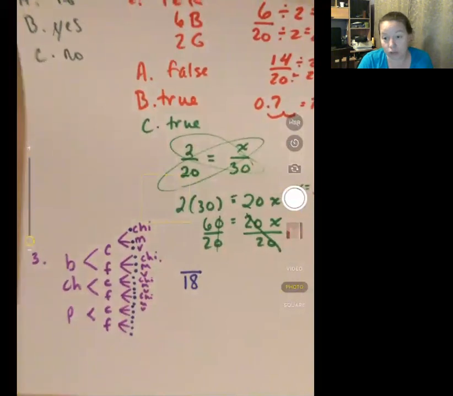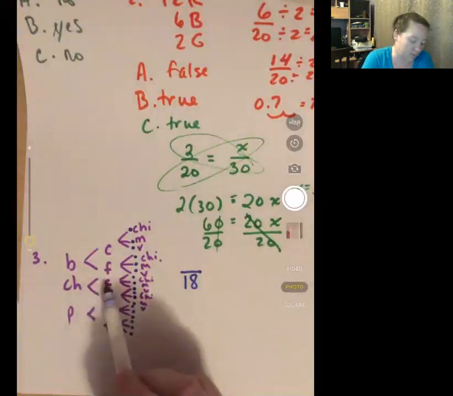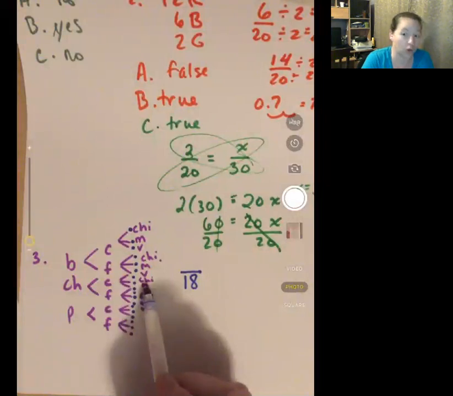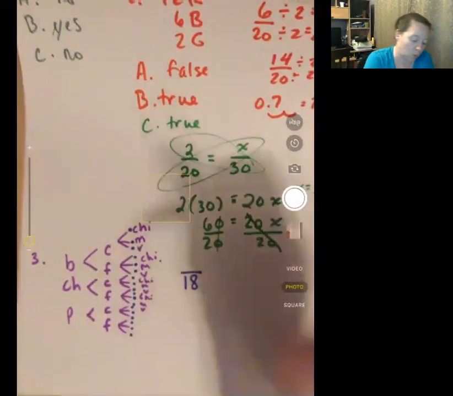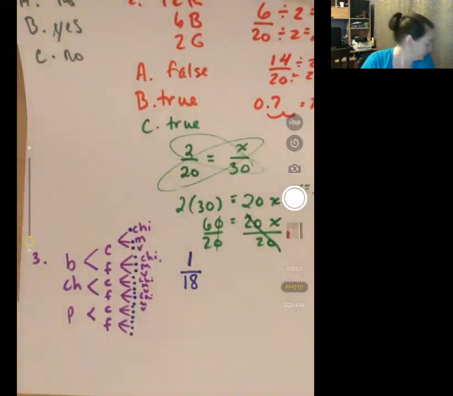How many of those possibilities will lead to it being exactly chicken on a corn tortilla with mango salsa? 1. One of those possibilities leads to that. So it's 1 out of the 18, because that's all the possibilities that we have.